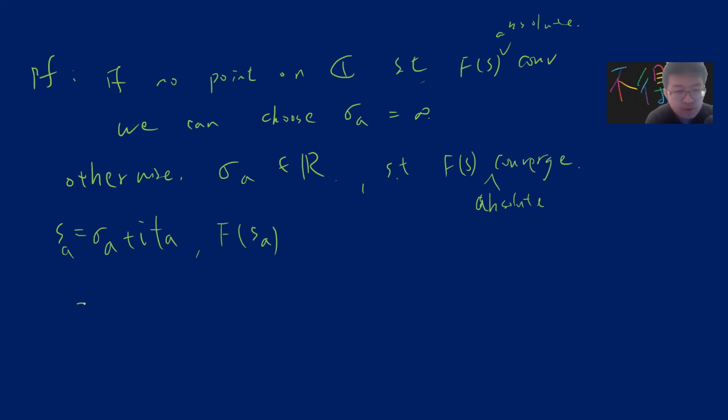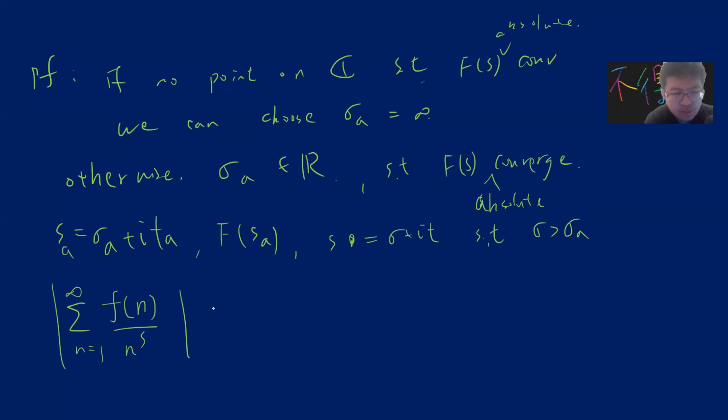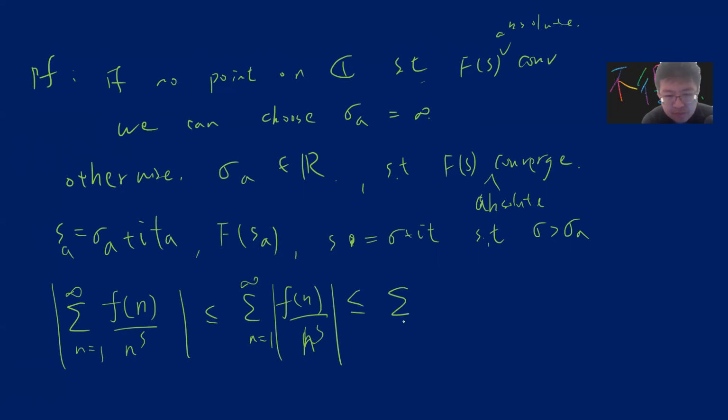Then it's trivial. Now if we choose s = sigma + it such that sigma is greater than sigma_A, we can try to bound this term. The sum of |f(n)| n^(-sigma) from n = 1 to infinity is bounded by the sum of |f(n)| n^(-sigma_A), because sigma is greater than sigma_A, and these guys converge.